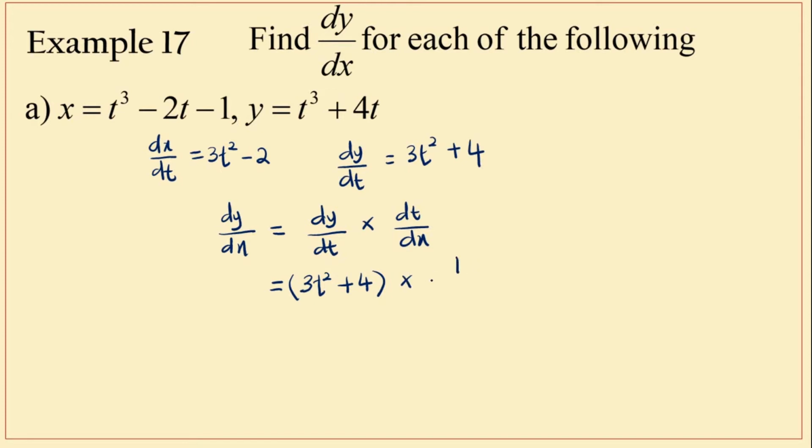Here we will have 1 over 3t squared minus 2. So our final answer for dy/dx will be 3t squared plus 4 divided by 3t squared minus 2. And that is basically how you find the first derivative by using parametric differentiation.